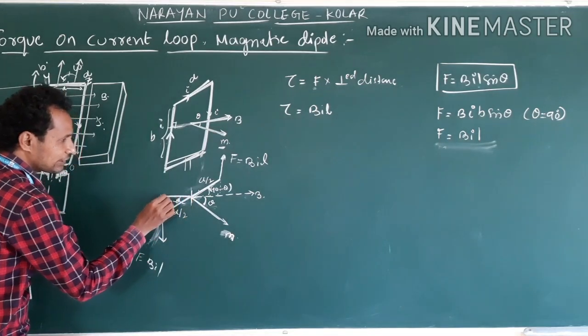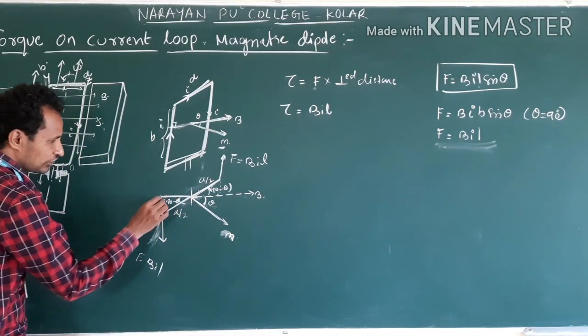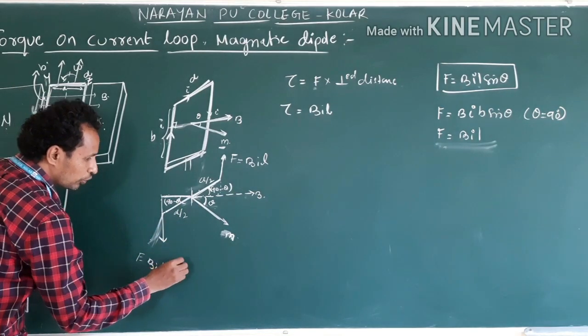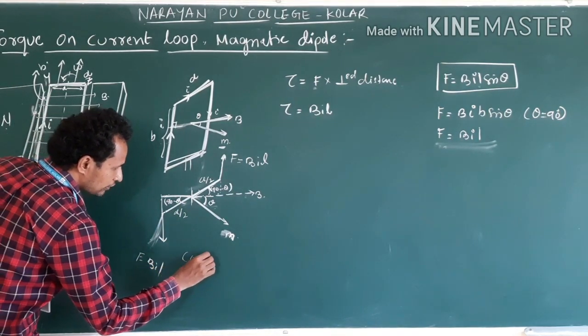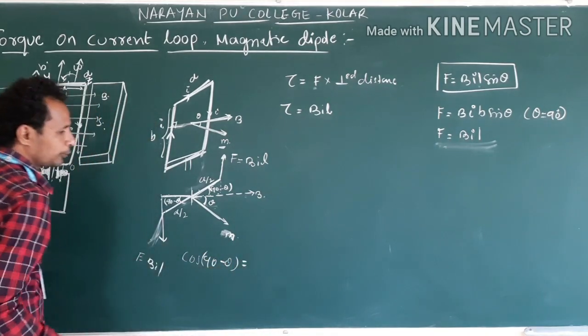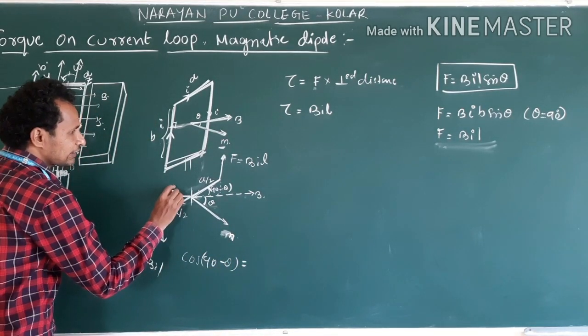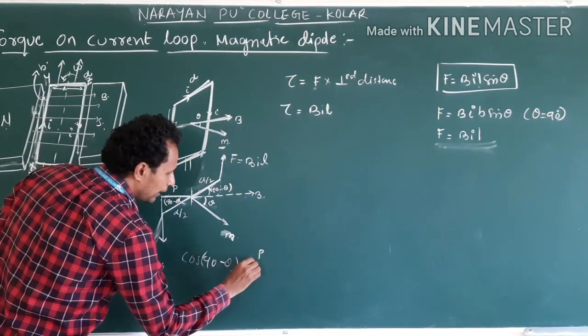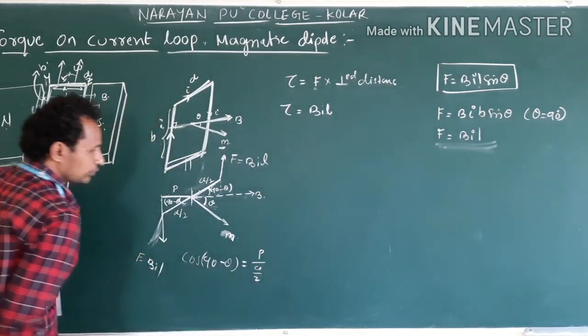Now we require this adjacent side. This is the opposite side. This is the hypotenuse. To get the adjacent side, what do we follow? Cos 90 minus theta. Take it as, let us say, P. P by A by 2.